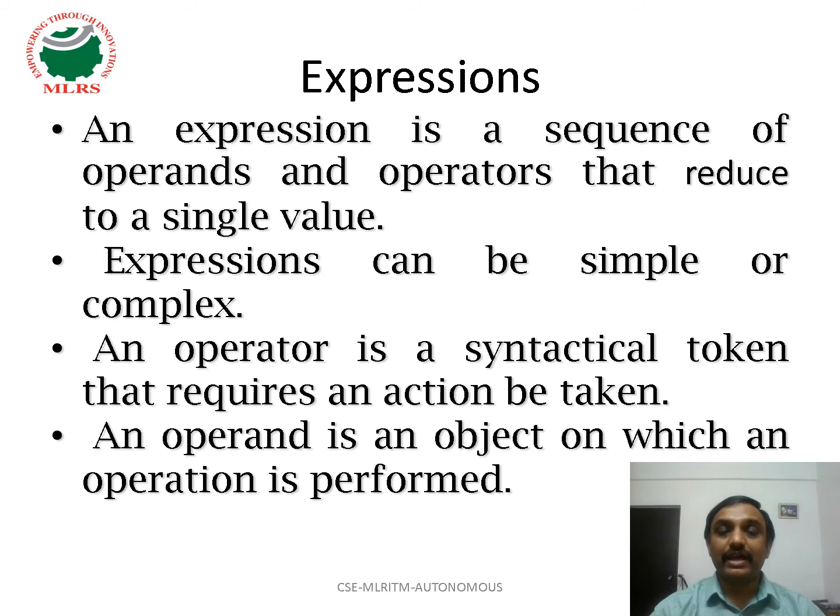Now, what is an operator? An operator is a syntactical token that requires an action to be taken. This informs the compiler what operation to be performed. Next one is operand. An operand is an object on which an operation is performed. For example, A plus B.